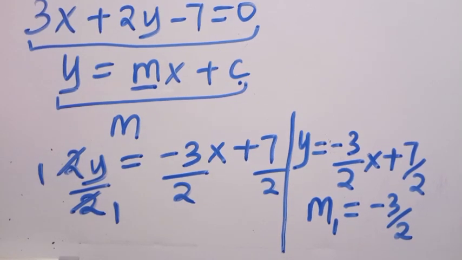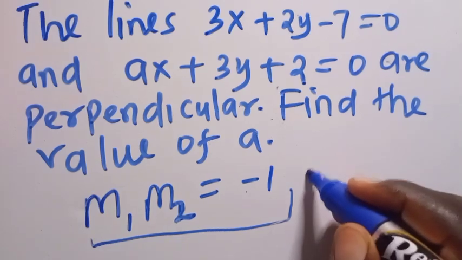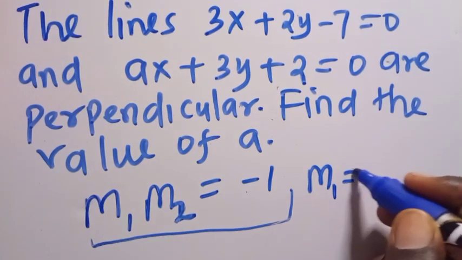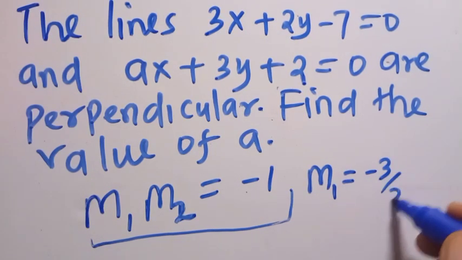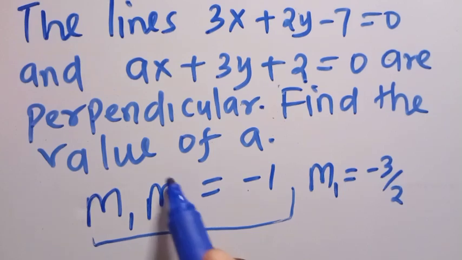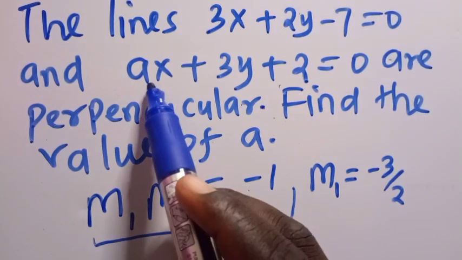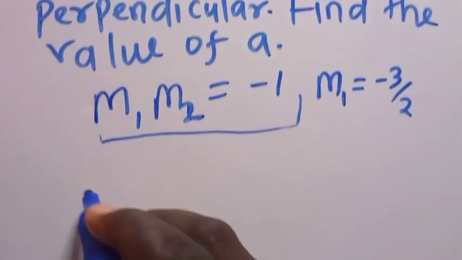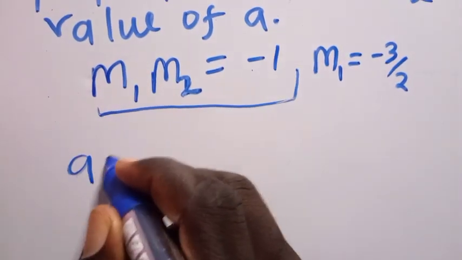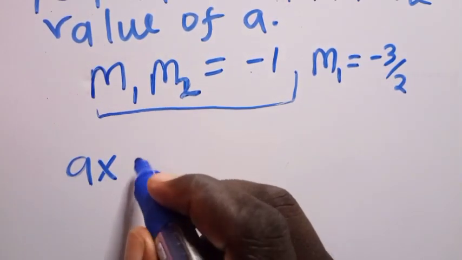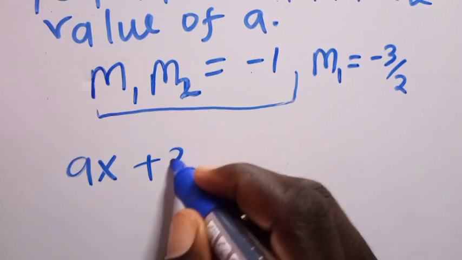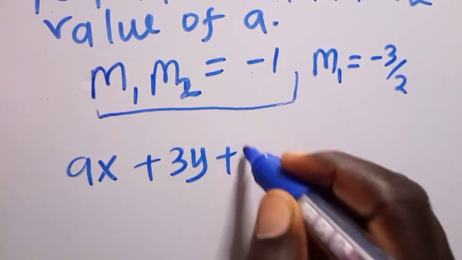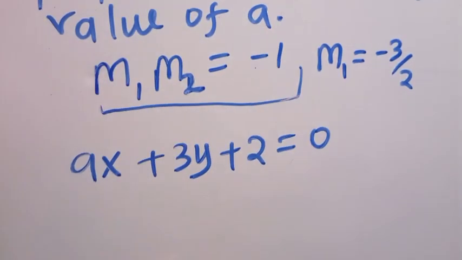Now, since we have m1 as -3/2, we need also to find m2, which is the gradient of the second line. The equation of the second line is ax + 3y + 2 = 0.